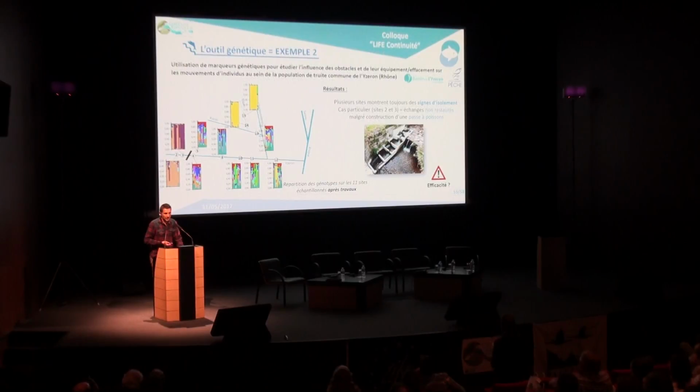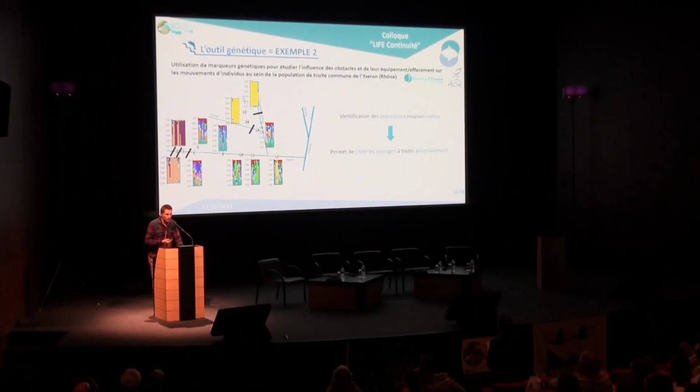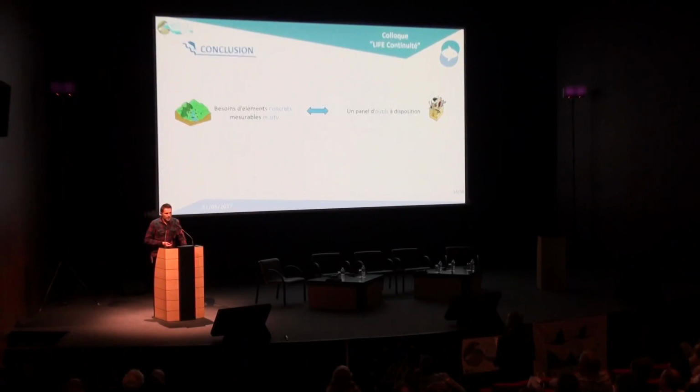And we need to go back and check that. And the last application is that when we put the two dams together, we can focus the obstacles to treat and prioritize. This is one of the uses of the genetic tool for assessment.